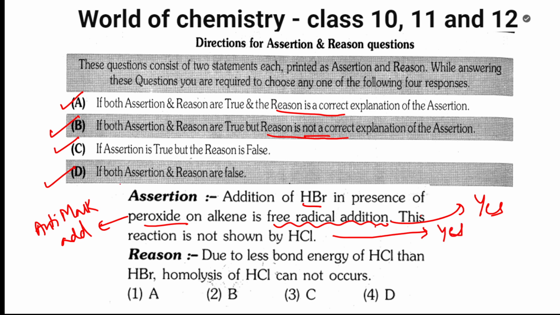So the assertion is true. Reason they've given: due to less bond energy of HCl than HBr, homolysis or cleavage of HCl cannot occur. This is not at all the correct reason. So assertion is true and reason is false. So the correct option is option C. Let us justify this.